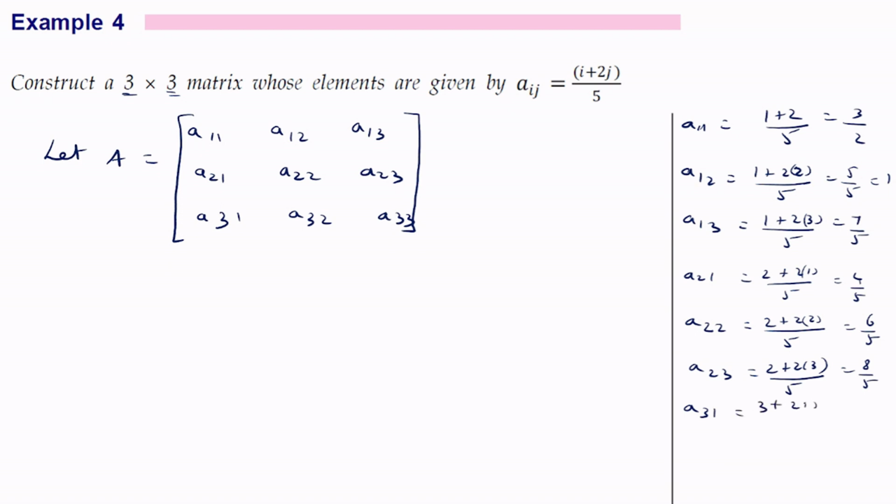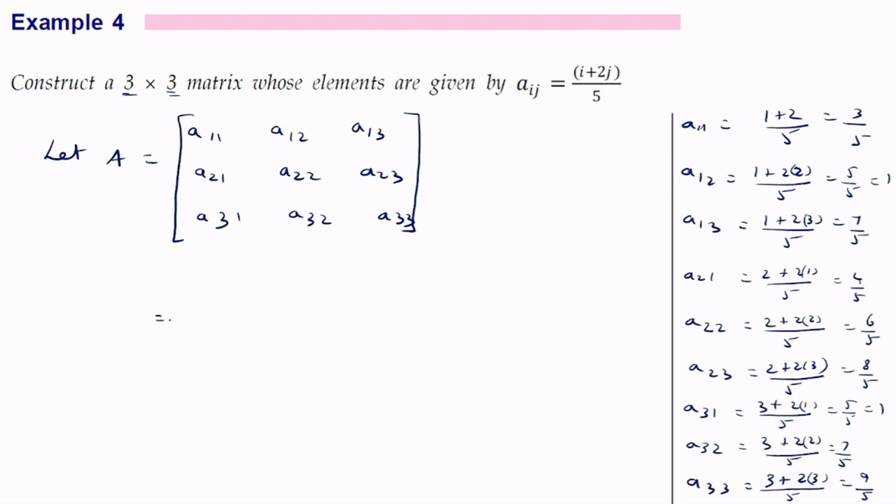So it is (3 plus 2 into 1) by 5, which is 5 by 5, 1. Then A32 is (3 plus 2 into 2) by 5, which is 7 by 5. The last element A33 is (3 plus 2 into 3) by 5. It is 9 by 5.